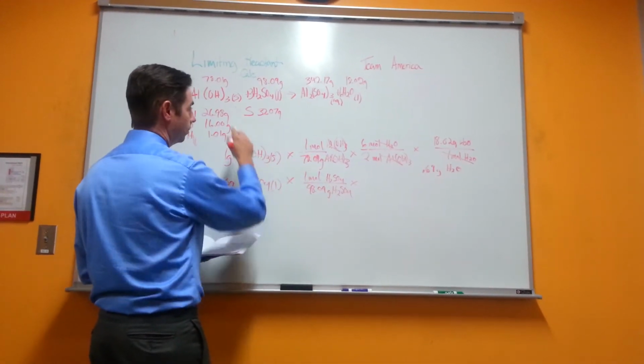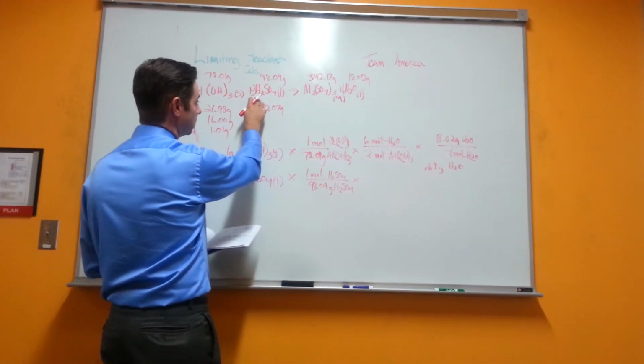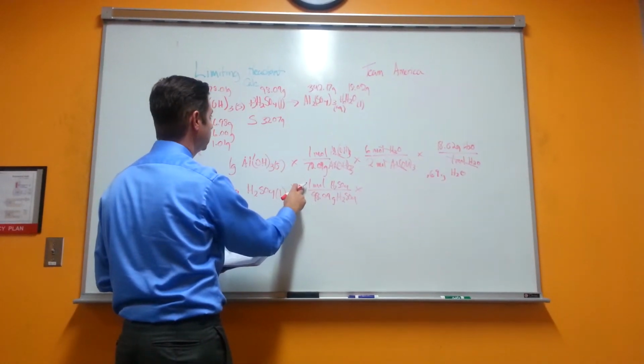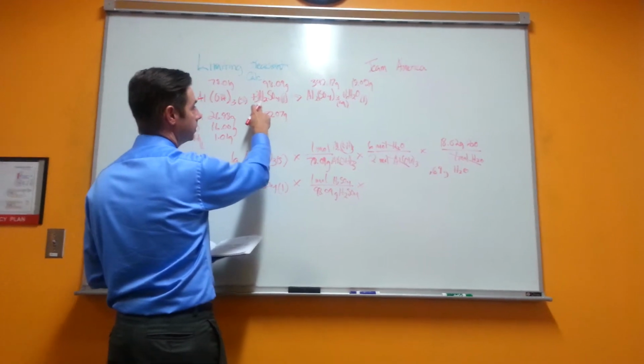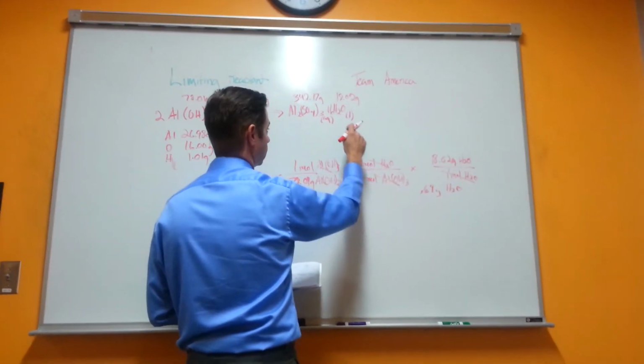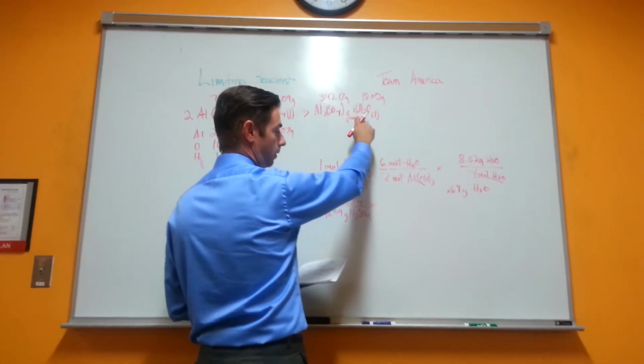And that 3 grams, okay, so we made that connection there, so now we're into moles. We have 3 moles of sulfuric acid, and we have 6 moles of water.